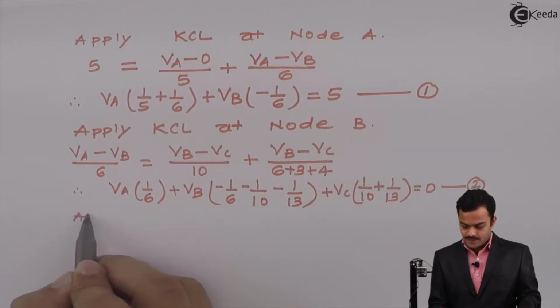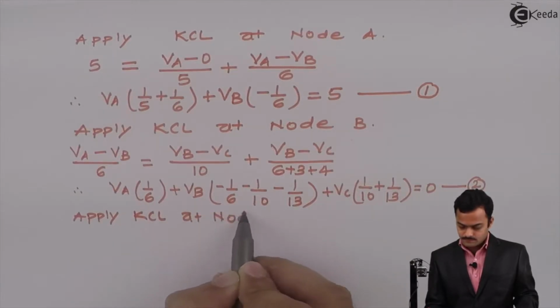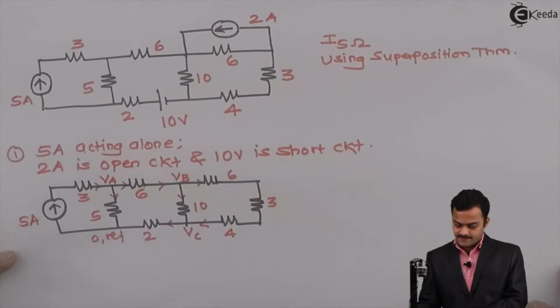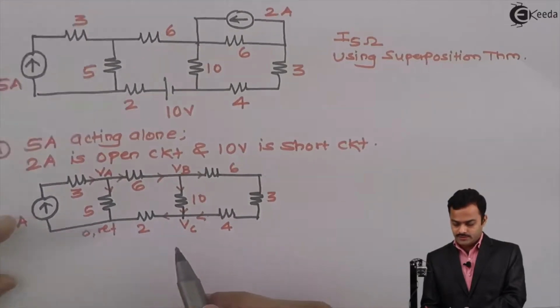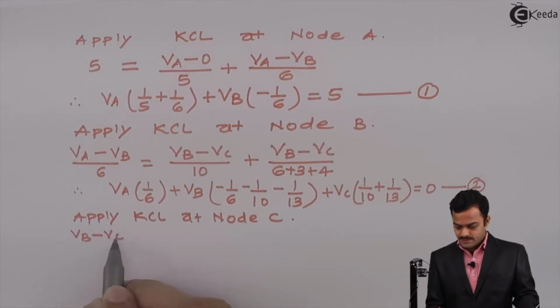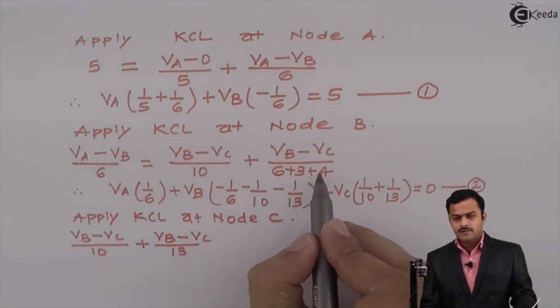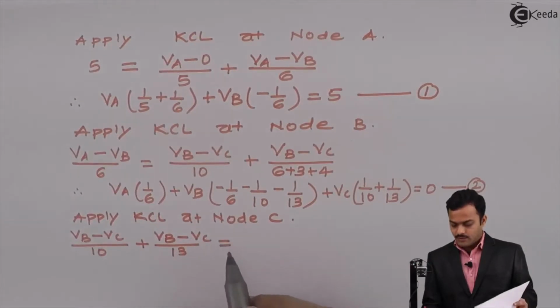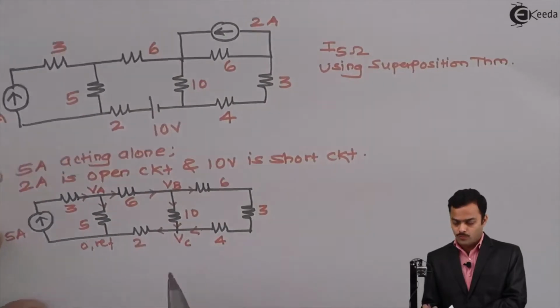Similarly, I can apply KCL at node C. At node C, again 3 branches are there, 2 incoming and 1 outgoing. The incoming branches are VB minus VC divided by 10 plus VB minus VC divided by 13, where I have considered 6 plus 3 plus 4 as 13 directly, equal to one outgoing branch starting at C and ending on the reference having a resistance 2 ohm.